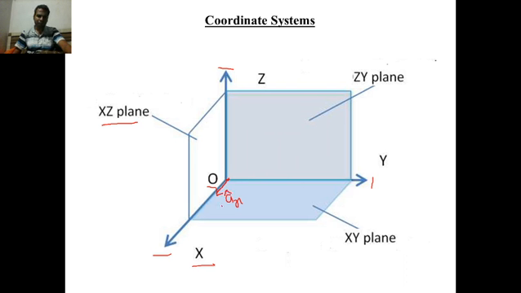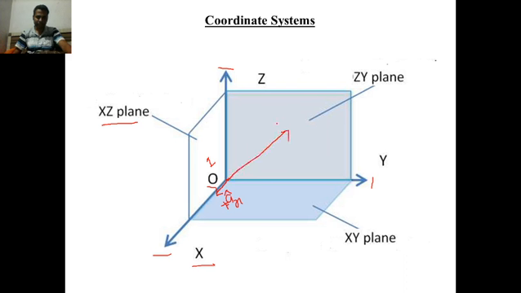So this is positive a_x cap. Why positive? Because this unit vector, whose magnitude is 1, is along the positive x-axis. Where is the negative x-axis? The negative x-axis is like this.